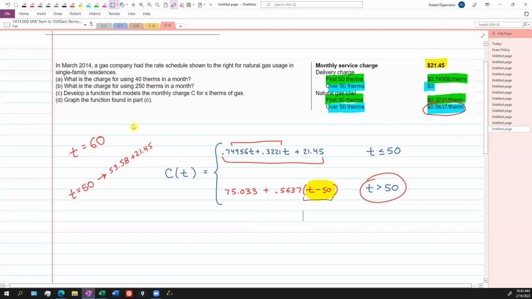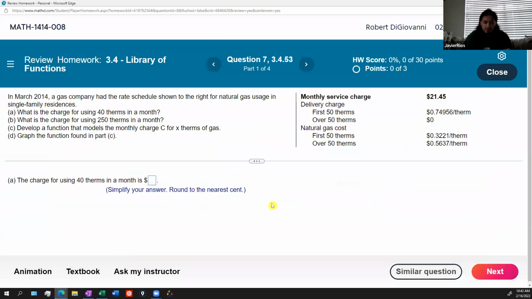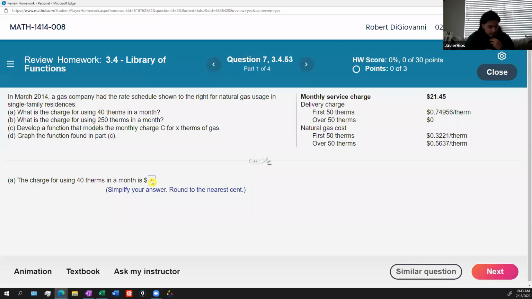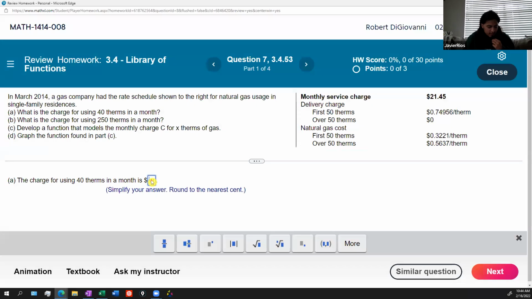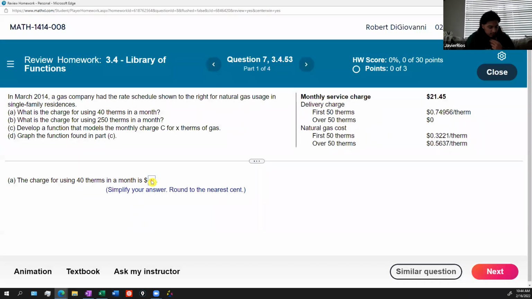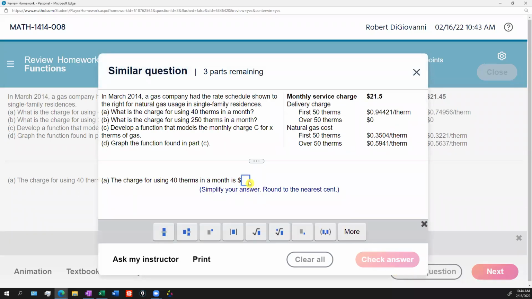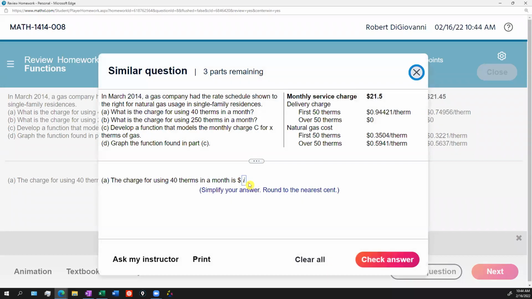Now, I don't know what the answer is. Let me see if it shows us the answer. I had to shorten or simplify my answer, because I tried entering it but it wasn't saying it was correct. Why isn't it giving me their answer? This is a different problem, so it's not.